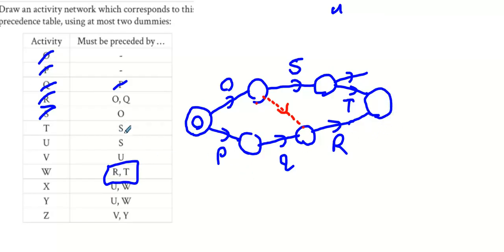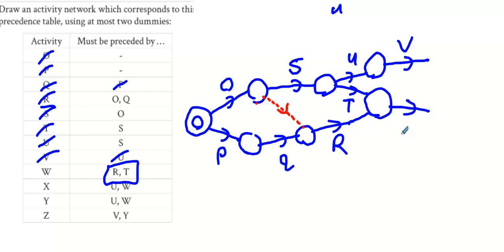Now, what did I do? Have I done T and U yet? I have. Have I done V? No. V, you can appear out of U. Done. W, you can appear out of R and T. Done. Now, X wants what? It wants U and W. What do I need to do there?